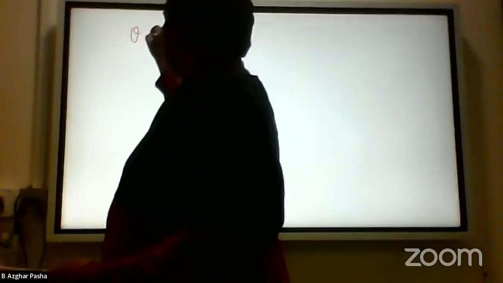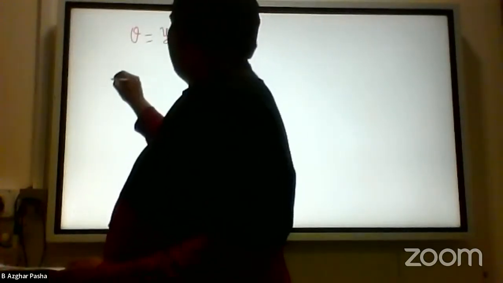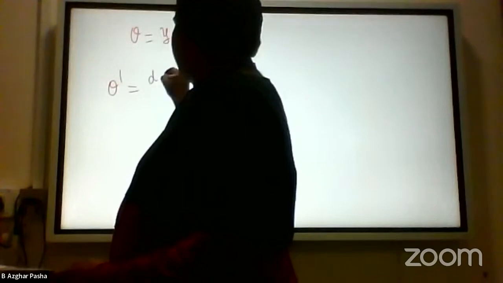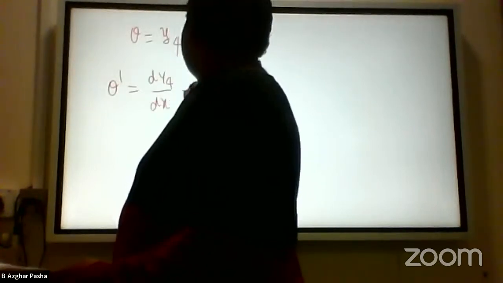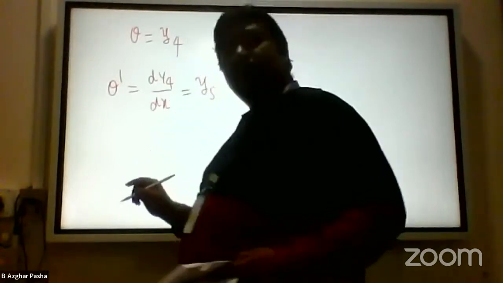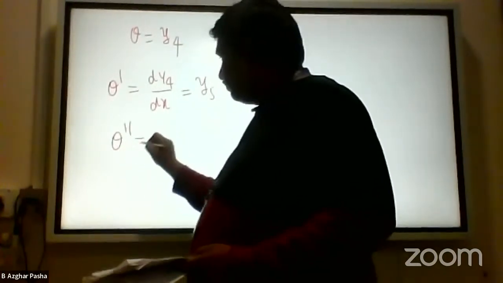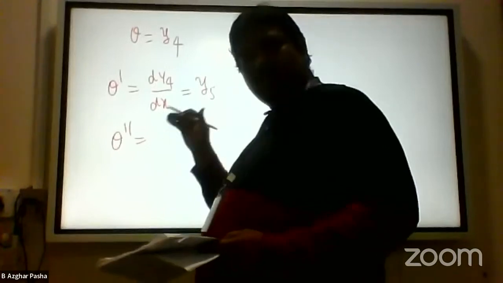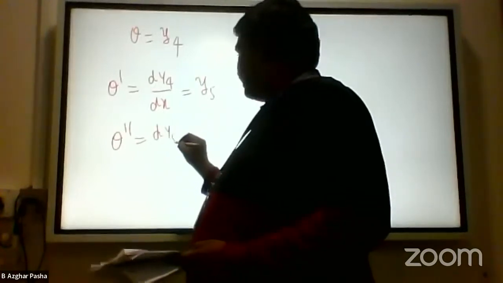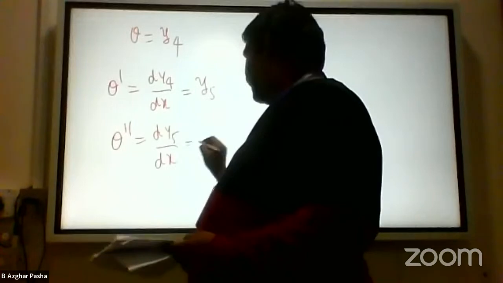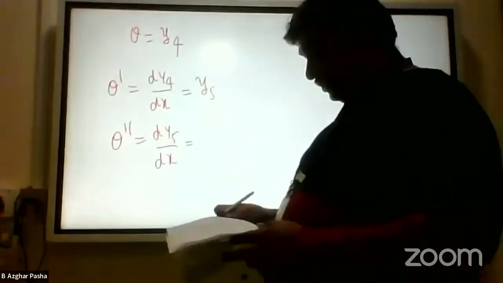Next, related to theta. Continue the numbering. Theta is equal to y4. Next, theta dash is equal to dy4 with respect to x. Call it y5. Theta second order was given, so theta double dash you have to stop, meaning I'm not continuing the numbering here. It is just the derivative of y5 with respect to x. Theta double dash is f2.